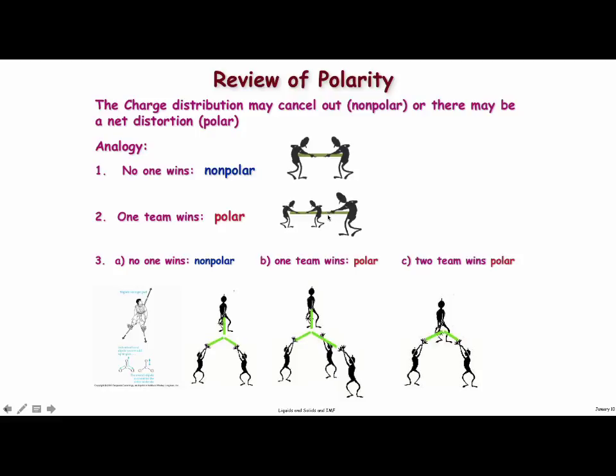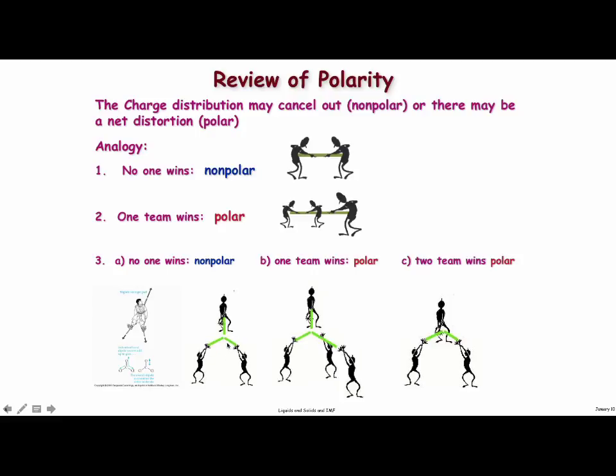And so if two atoms are tugging on electrons and one atom has a stronger attraction for electrons than the other, then the electron density is going to be skewed, and so you have a distortion of the electron cloud, and so you have a polar situation, a polar molecule. Now, this situation can be more complicated because you have like 3 or 4 teams.